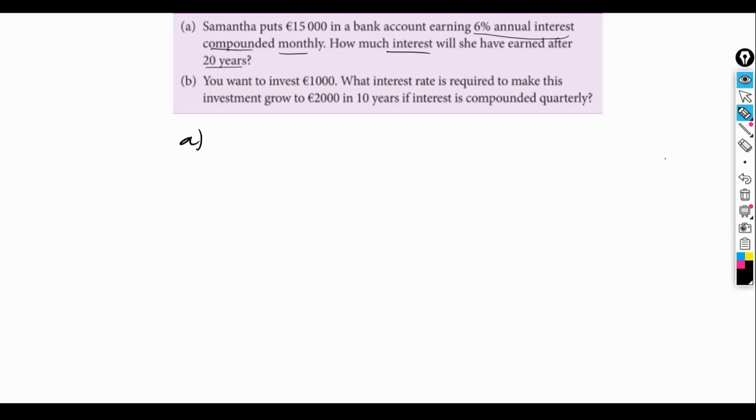So let's recall that for compound interest, the final amount is equal to the principal times 1 plus the rate divided by the number of times it's compounded per year, to the power of n times t. So in this case, the principal is 15,000. So the final amount is going to equal 15,000 times 1 plus the rate, and in this case 0.06 because it's 6%, right?